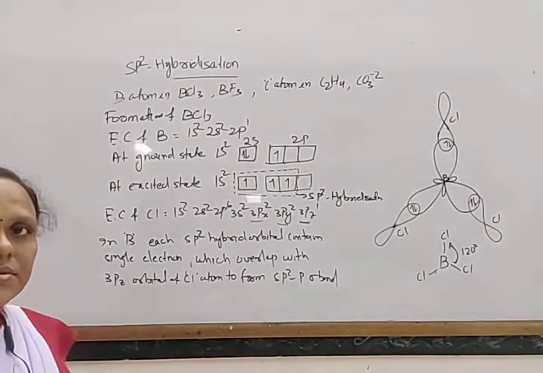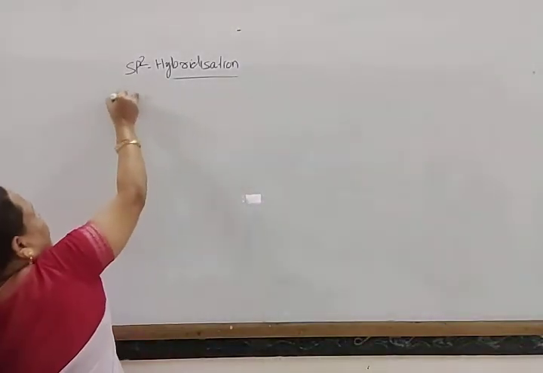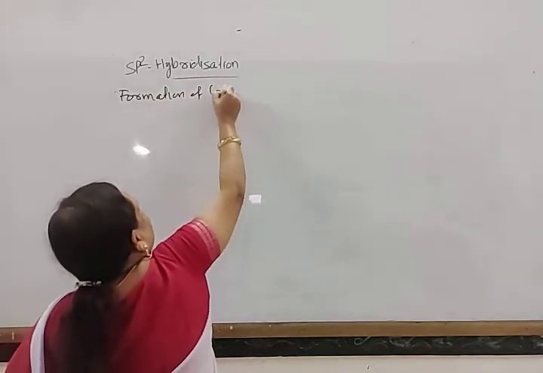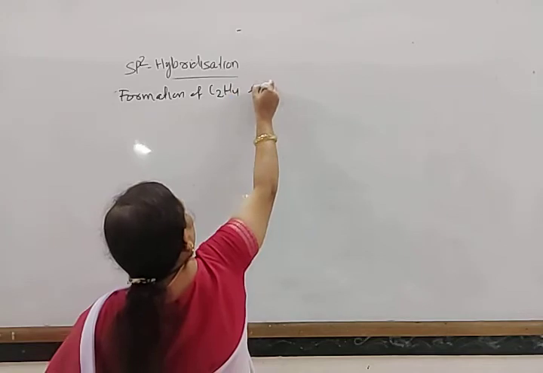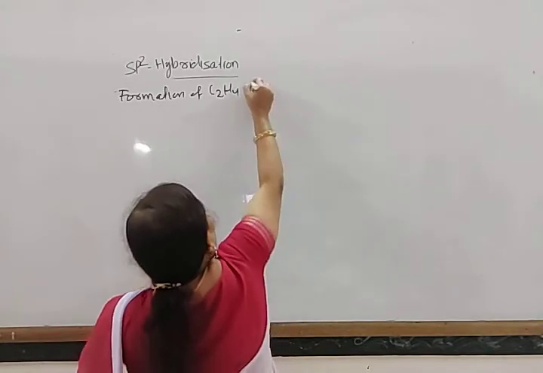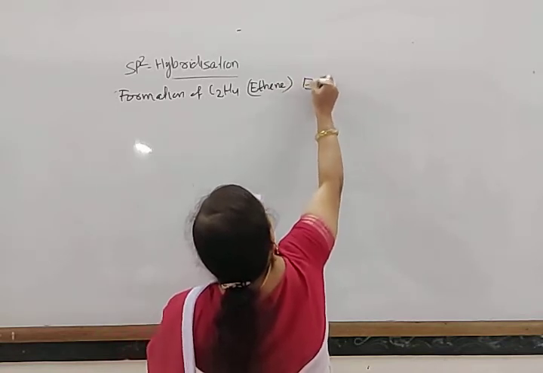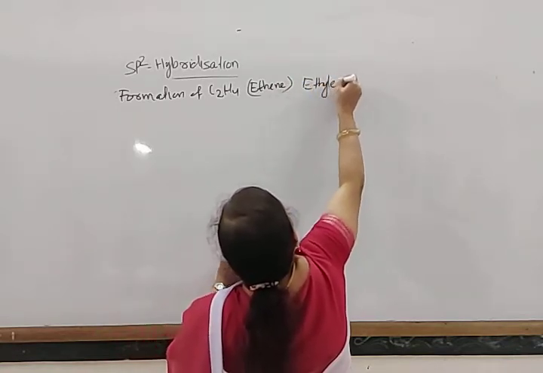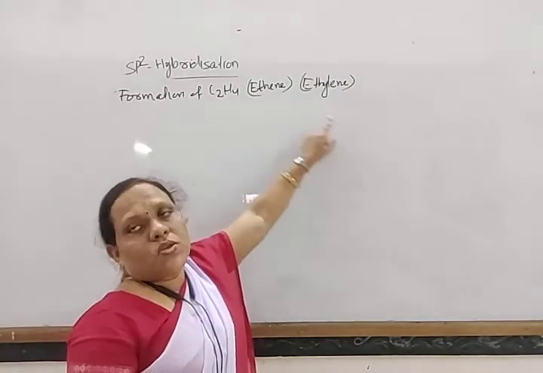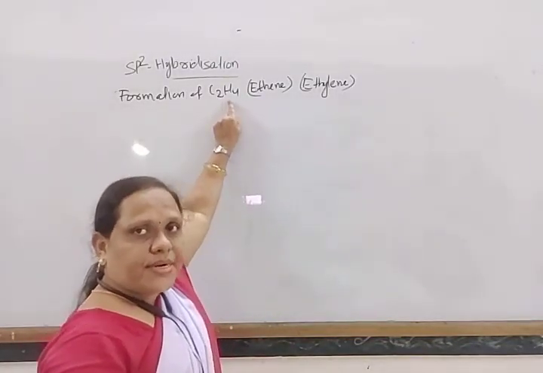First, note down this: formation of C2H4, which is called ethene, also known as ethylene. In ethylene, the carbon atom is sp2 hybridized.